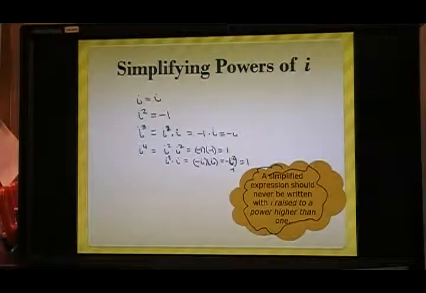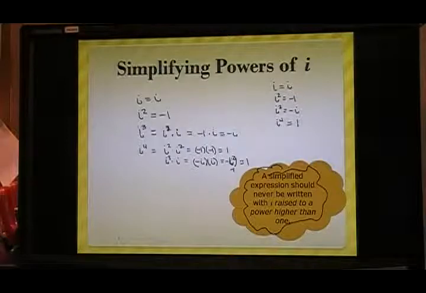Okay, I'm going to write what I have off to the side because I'm getting a little sloppy. So I have i is i, i squared is -1, i to the third is -i, and i to the fourth is 1.